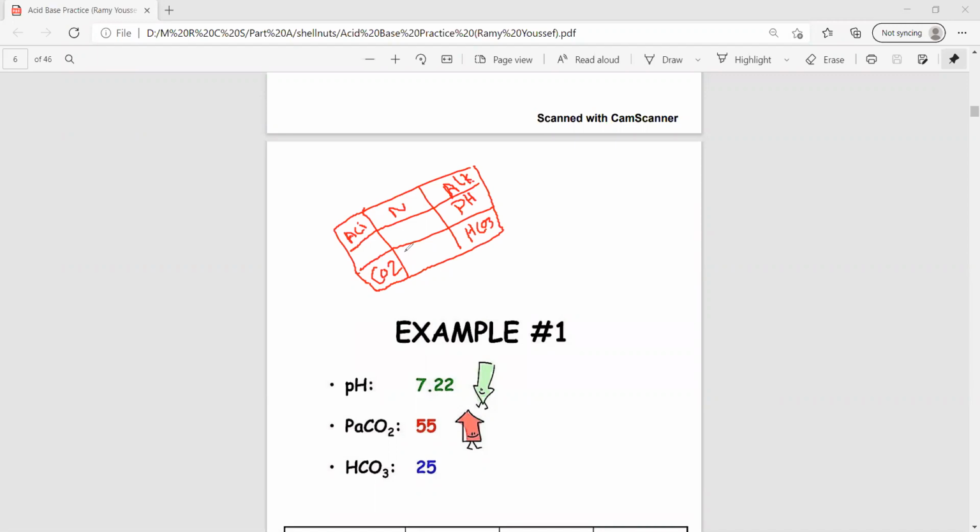What is this problem? Partially compensated metabolic alkalosis. Perfect. This condition is mainly metabolic alkalosis. If the CO2 is normal, then it is uncompensated. But if the CO2 is in the acidotic side, on the other side of the equation, there is some partial compensation, because if it were fully compensated, the pH would move here.